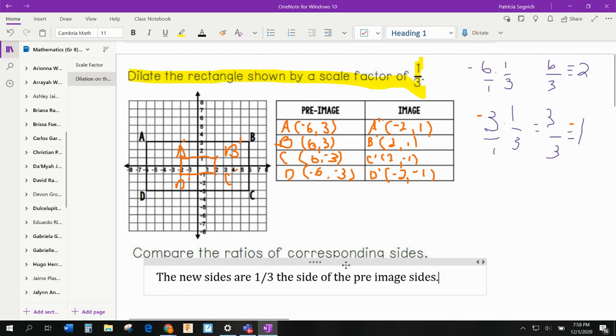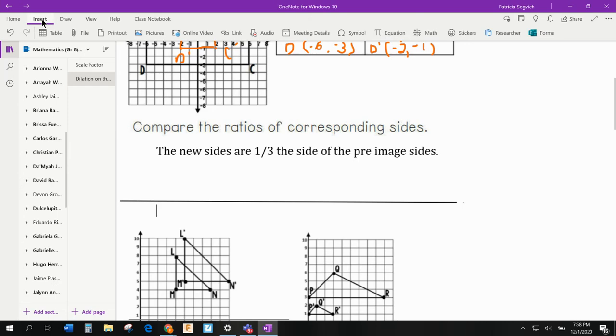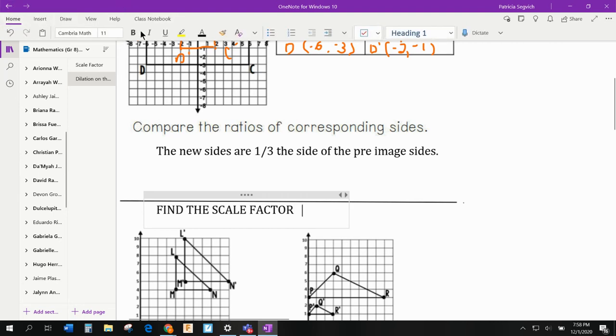We have that consistency of scale factor. Now down here, we need to find the scale factor of each of these. And if you remember, our scale factor is our new divided by the original.